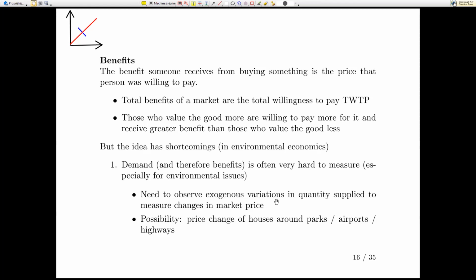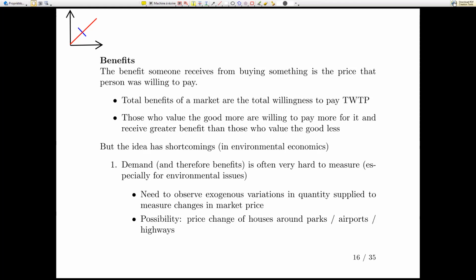You always observe things that change for both the demand and the supply. So let me give you an example. If you go to a small city on the coast where they have fishermen, and the consumers go and buy their fish there, and you observe that the quantity bought on the market is lower and the price is higher when there is bad weather.